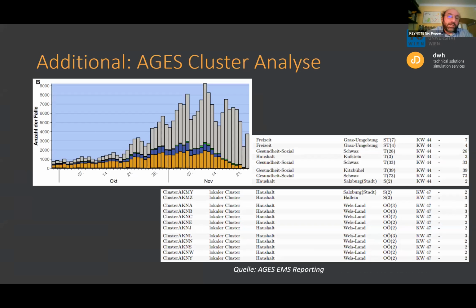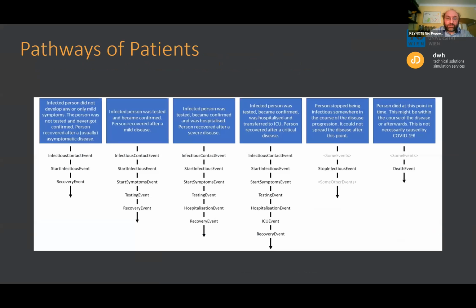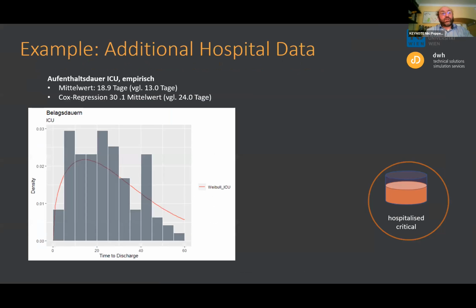I can continue, for example, with the cluster analysis, where it happens and what happens. You can see here, might be quite interesting, that the number of the unclear clusters increased a lot after the beginning of October, which gives us some idea of where the problematic situation is. I will jump over the next steps. Maybe it's important that we have to parameterize, of course, the pathways of patients.